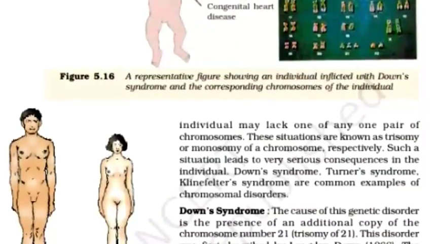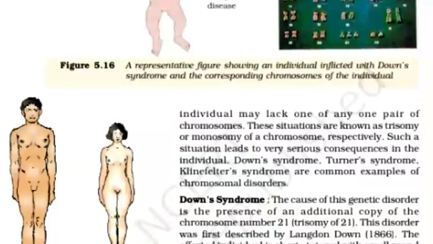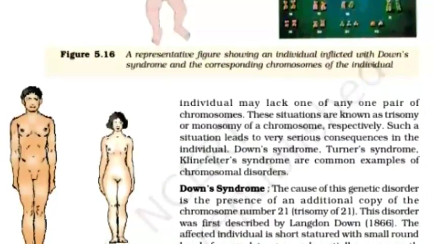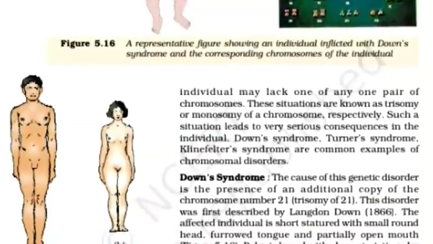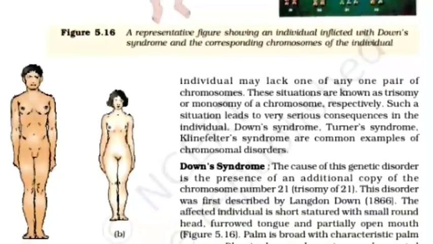Down syndrome. The cause of this genetic disorder is the presence of an additional copy of chromosome number 21, trisomy of 21. This disorder was first described by Langdon Down.